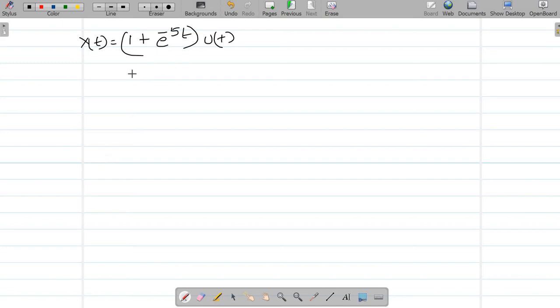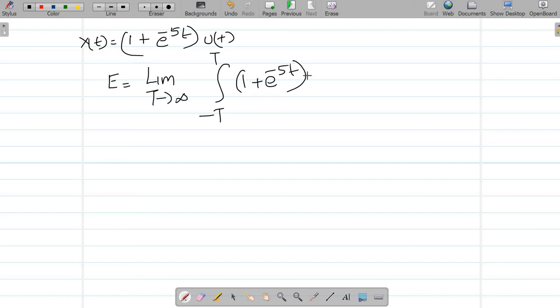To find whether it is an energy signal, I have to take the limit T tending to infinity of the integral from minus T to plus T of 1 plus e to the power of minus 5t, whole squared, dt.